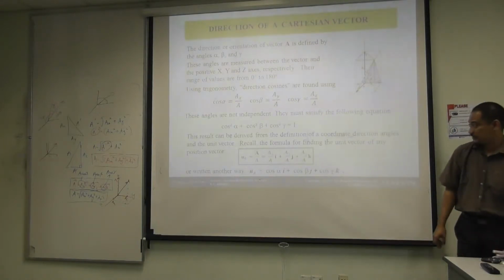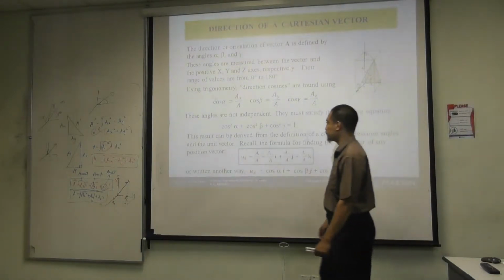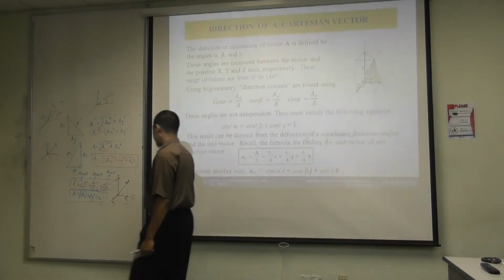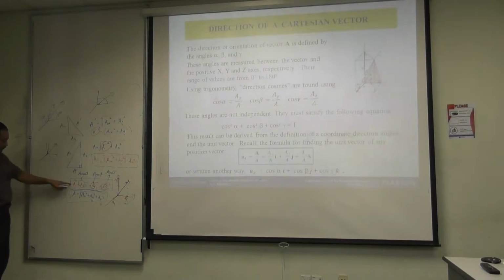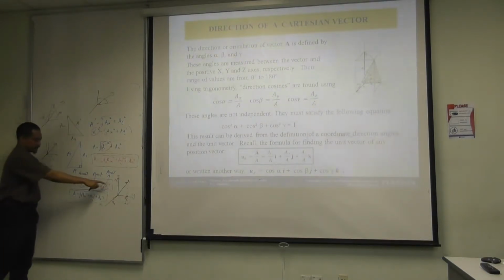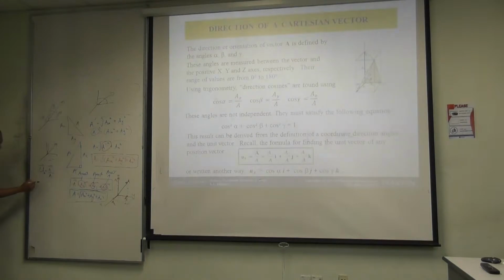Also, if you notice the unit vector, meaning from here, the unit vector of A is basically vector A divided by magnitude of A. So if this vector you divide by magnitude of A, basically you will get, in this case, ax over a i, right?